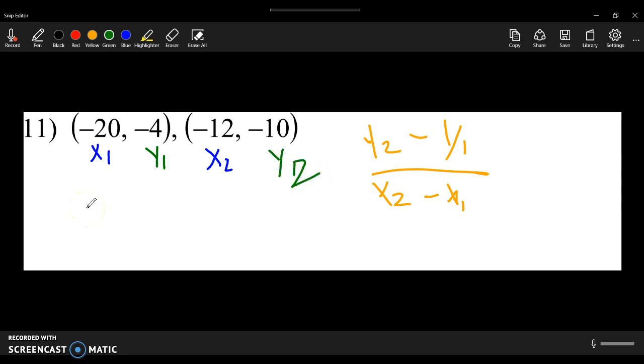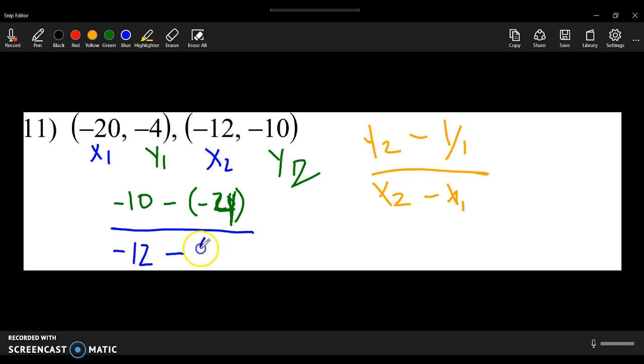Okay. So then we just kind of plug stuff in. So that would be -10 minus a -20. Whoops. -4. Can't write that because it would be y2 minus y1, and y1 is -4. Over -12 minus a -20.